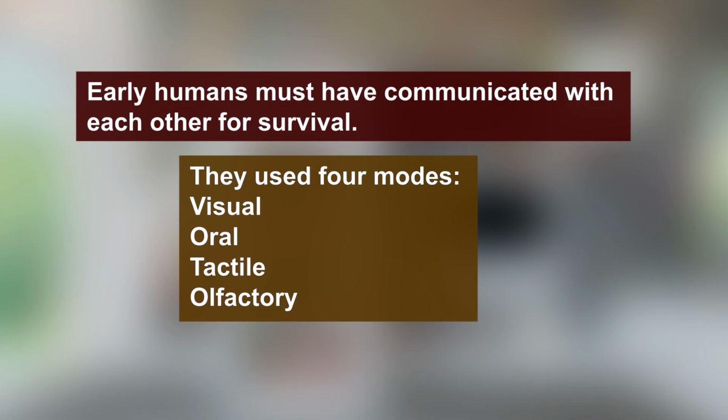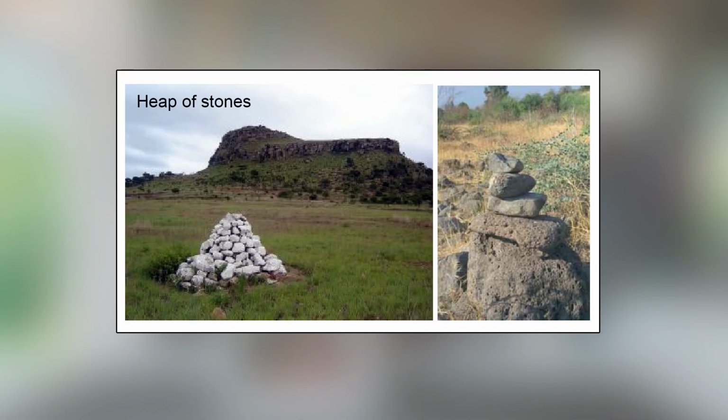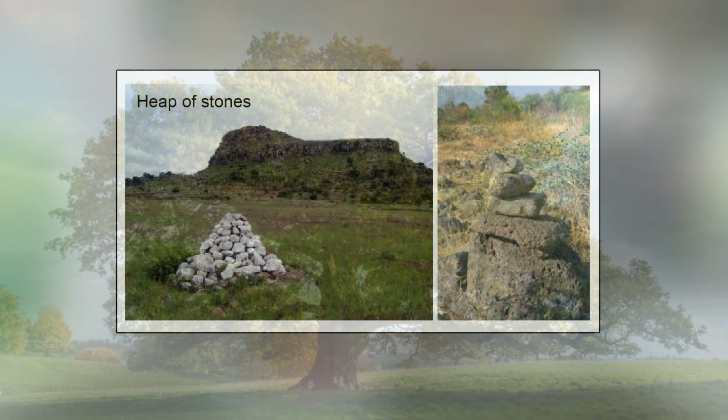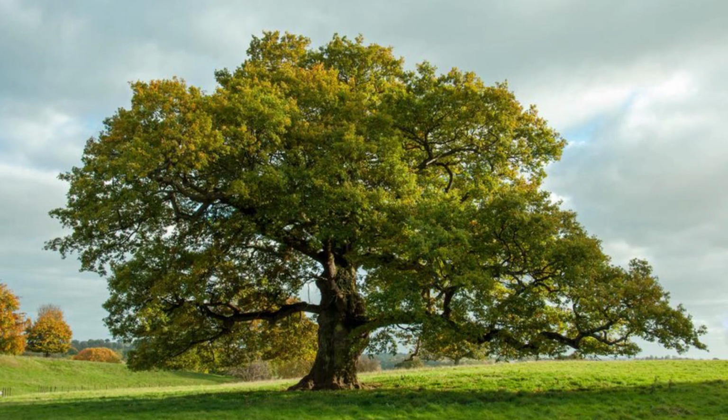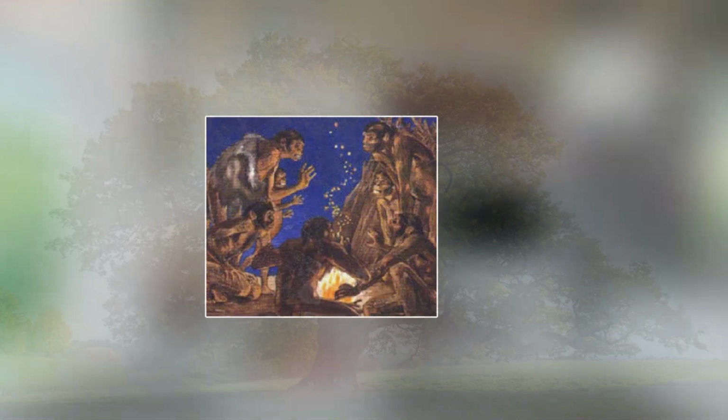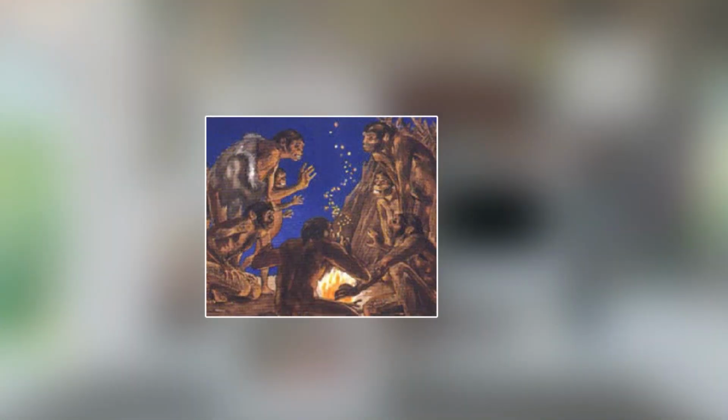If we were to look at each one of these one by one, visual represents all that is visible. It could be a heap of stones or branches of a tree or trees arranged in a particular fashion. Or it could be gestures like holding up their hand or pointing. It could have been any of those.